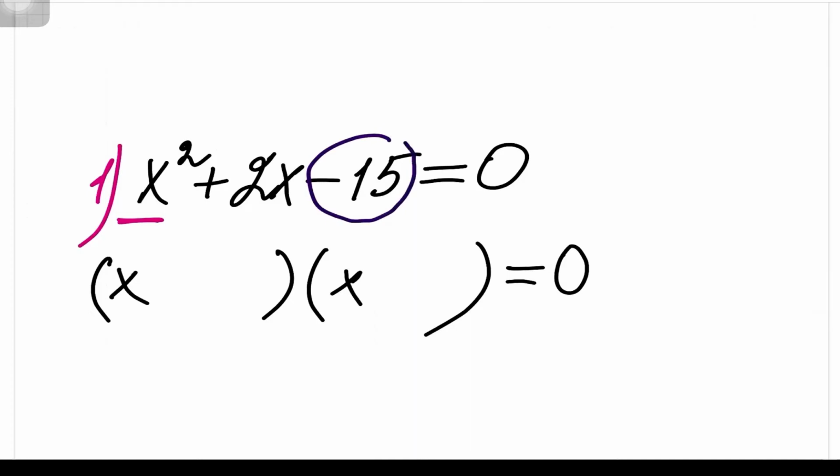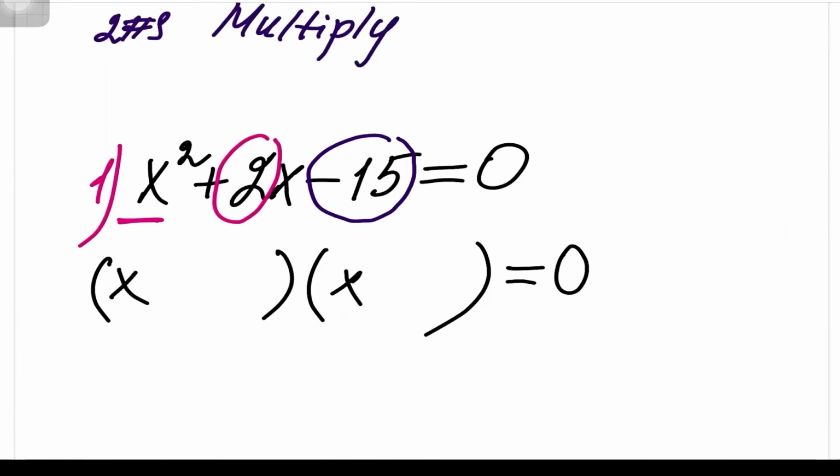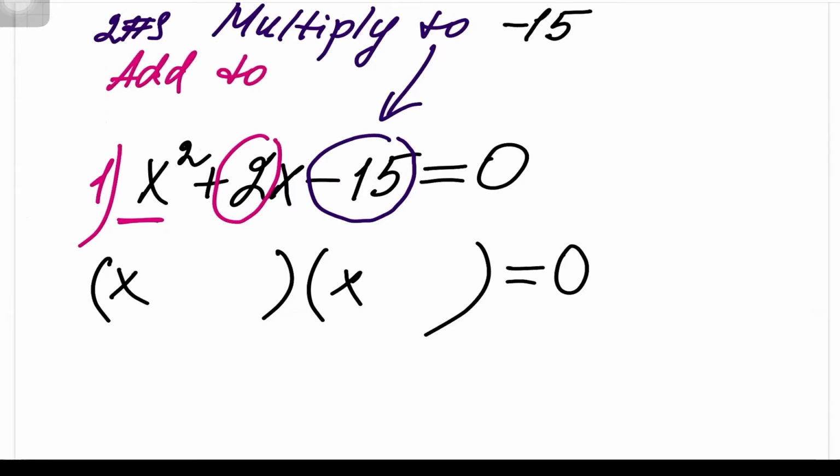So, we need to find two numbers that multiply to the last coefficient or the last number, which is negative 15 in this problem, and they sum up to the middle coefficient or to the second coefficient, which is 2 in this problem.